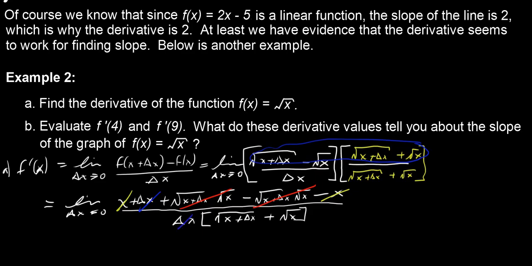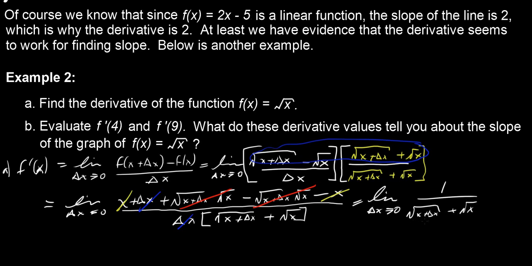effectively I'm taking the limit. Let me write all this down. The limit as delta x goes to 0. When I cancel out those delta x that I crossed out in blue, my numerator would just be 1, and my denominator is that funny thing that I got in the bracket, the square root of x plus delta x, plus the square root of x.